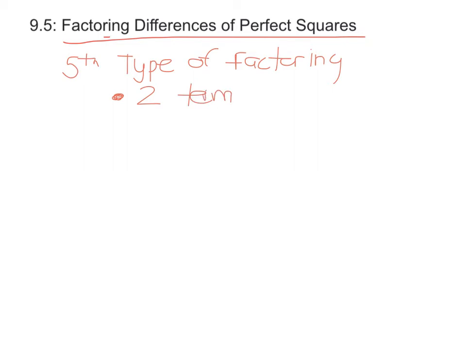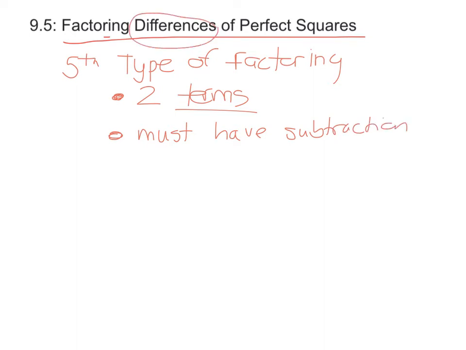When you have two terms, you'll be able to use differences of perfect squares. And you must have subtraction, because that's what the difference of two perfect squares means. And you must have two perfect squares.